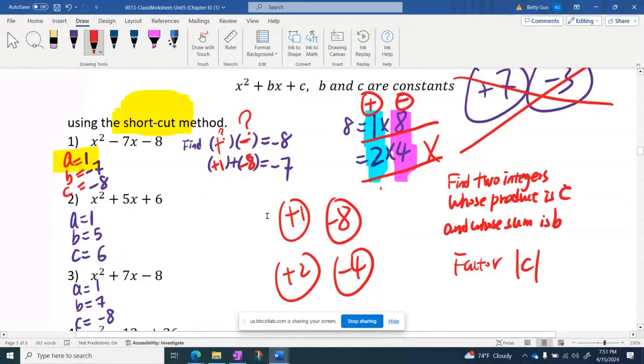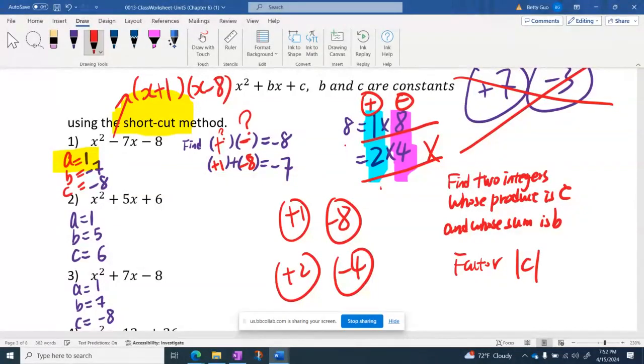Once we found the two integers, we are able to factor the trinomial directly: parentheses times parentheses. In the first parentheses, we have x plus a number. In the second parentheses, we have x plus another number. And which two numbers? The two numbers we just found, positive 1 and negative 8. Done.